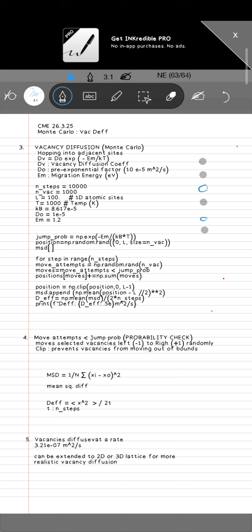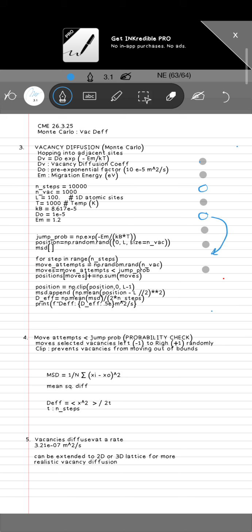Also, there is a vacancy. These vacancies can move from one place to another in the process of hopping.